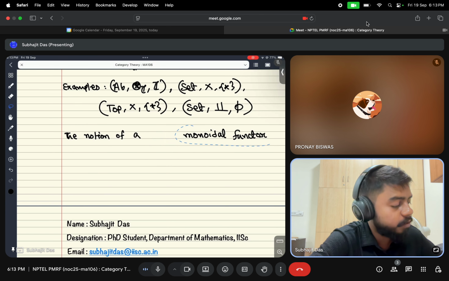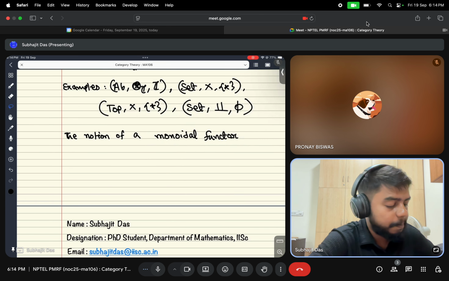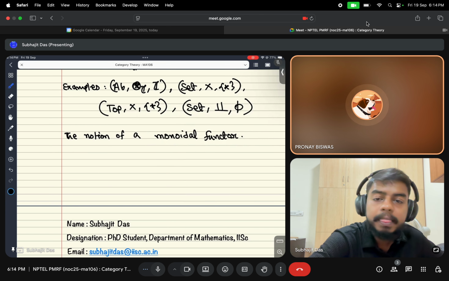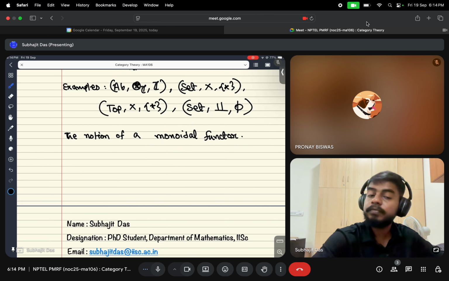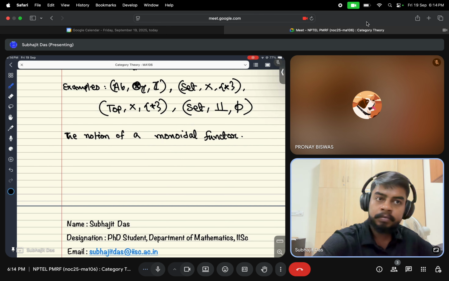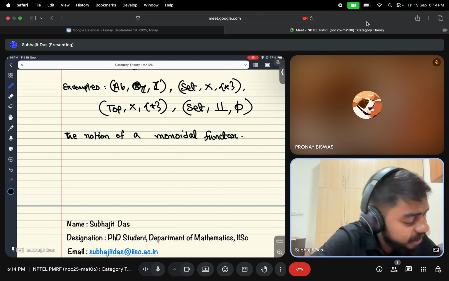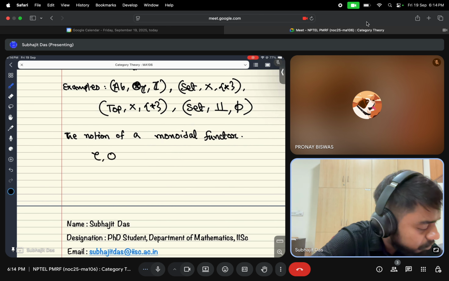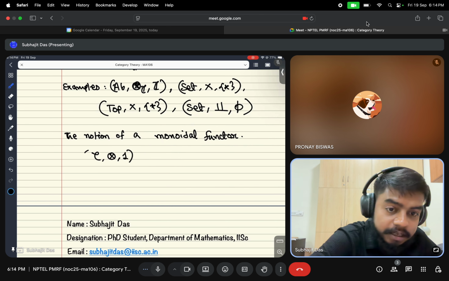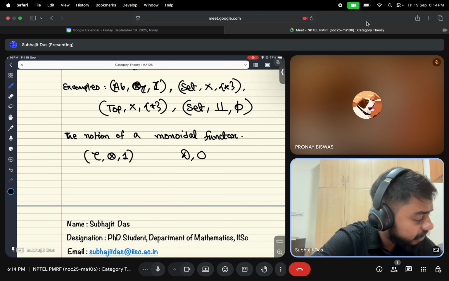Can you summarize quickly? So suppose C is a monoidal category, and suppose D is another monoidal category.